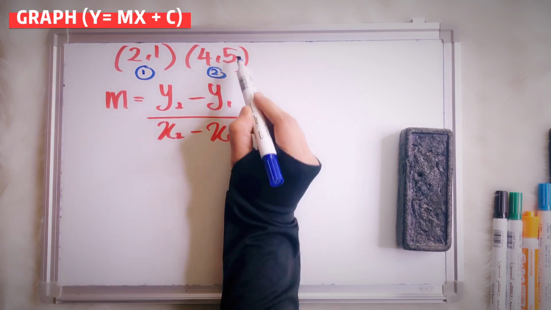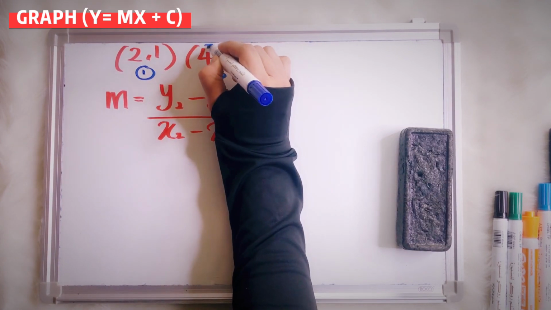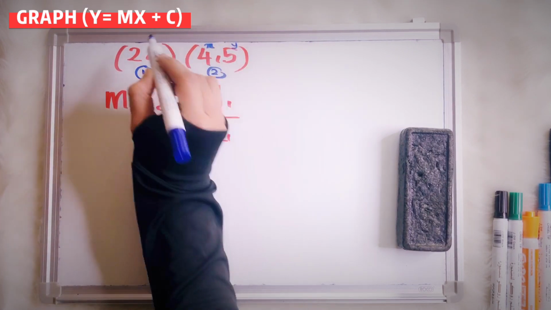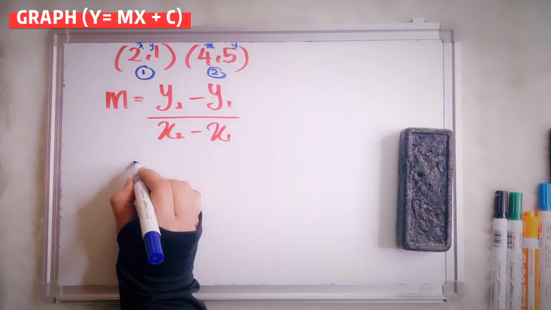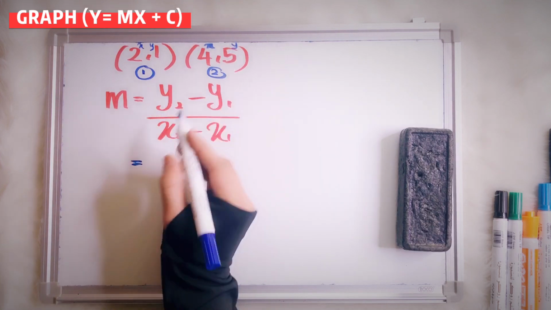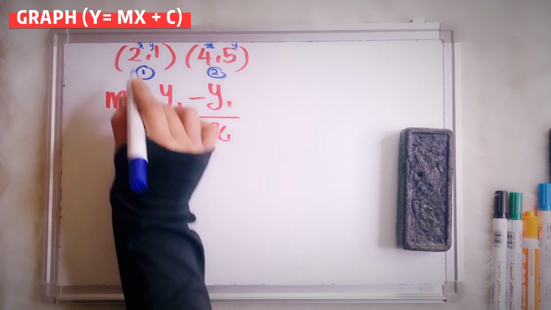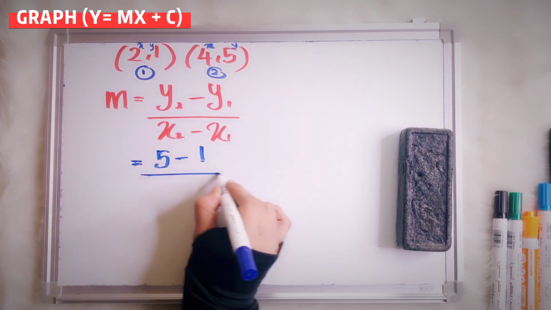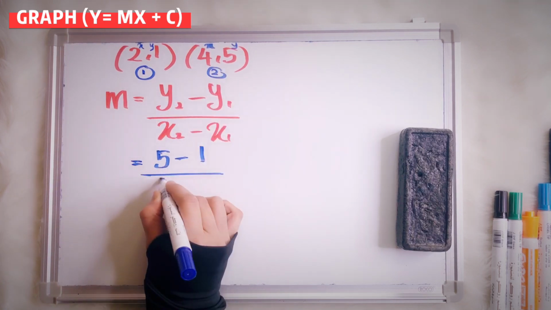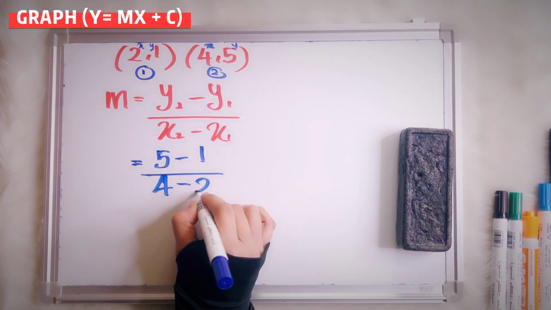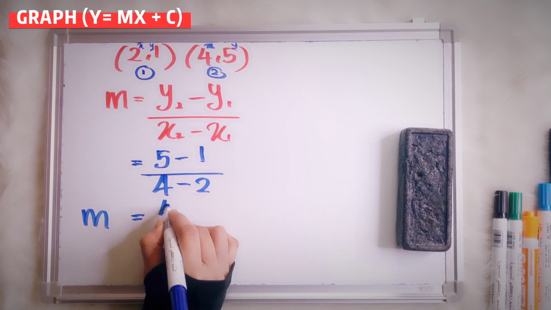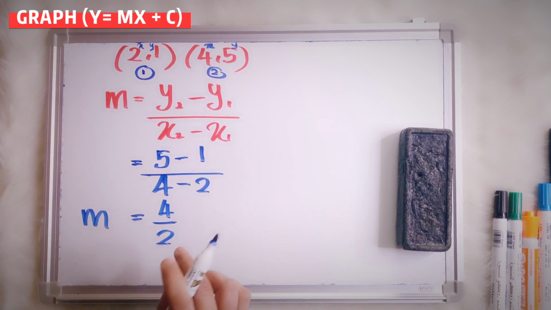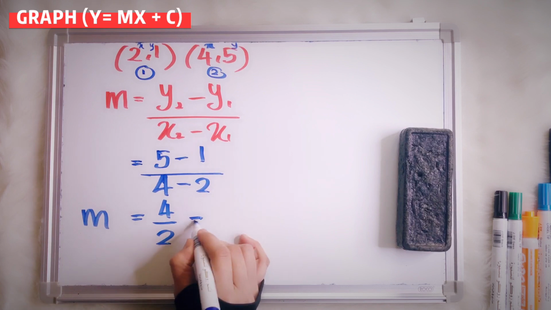This is x and this is y. So y2 is 5, y1 is 1, over x2 is 4 minus 2. So you will have your gradient as 4 over 2, which equals 2.